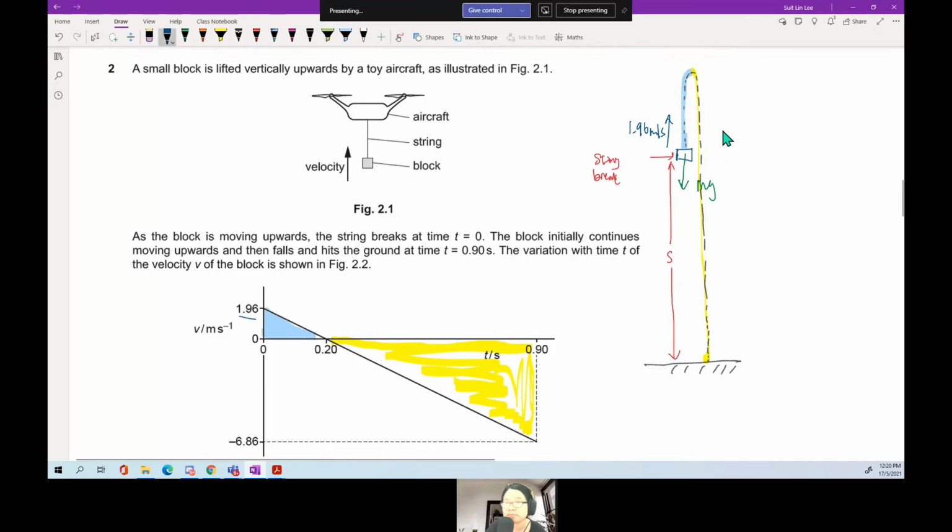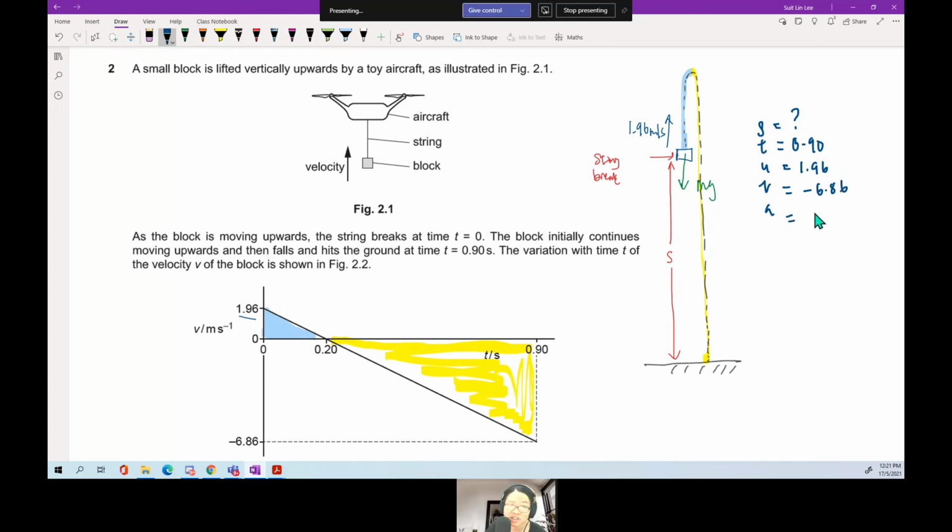You can use your SUVAT. Let's write down, we're looking for S. We have the time. Time taken for it to fall to the ground is 0.90. Initial speed is 1.96. We even have final speed, negative 6.86.